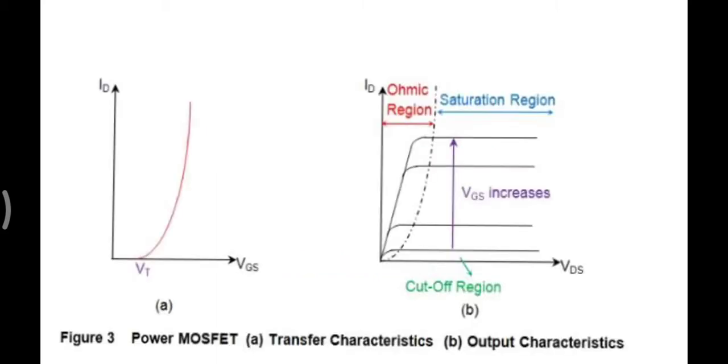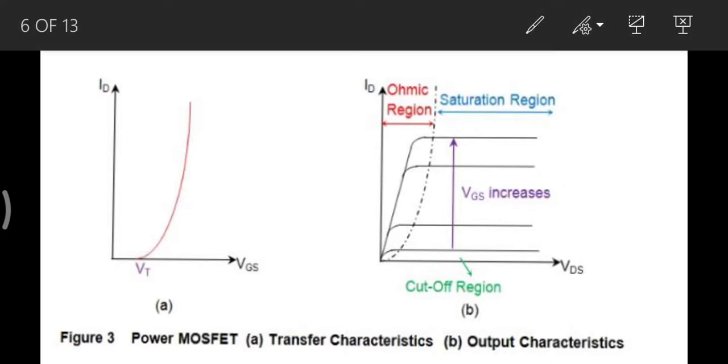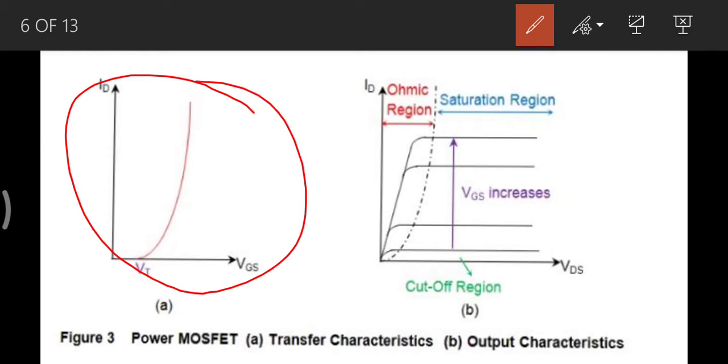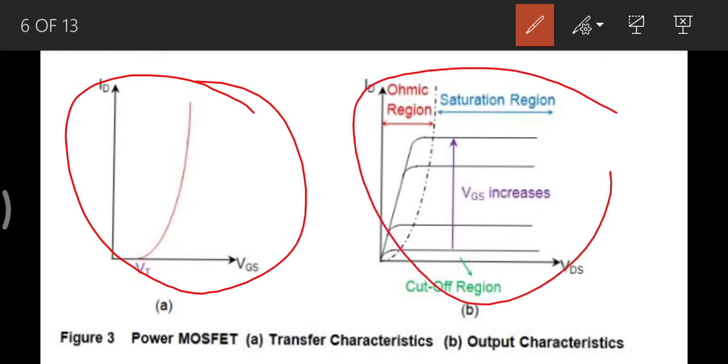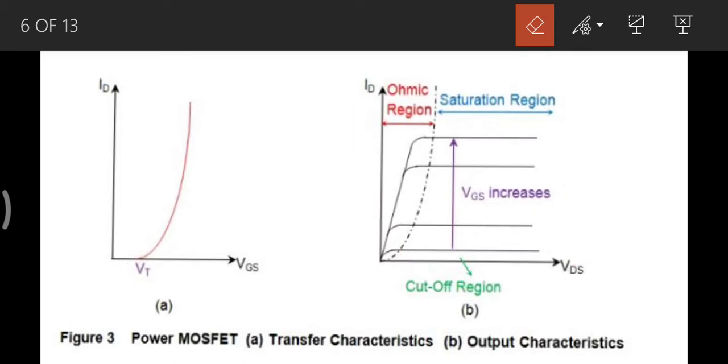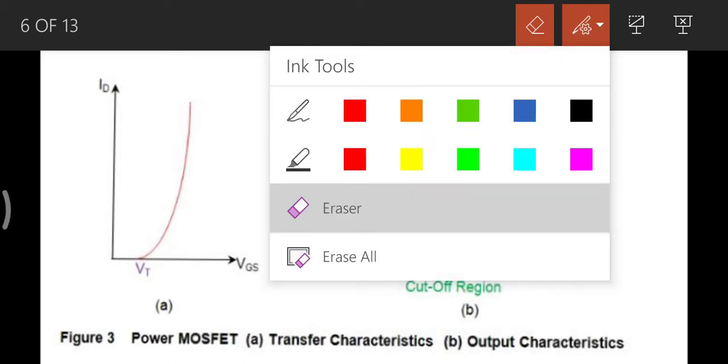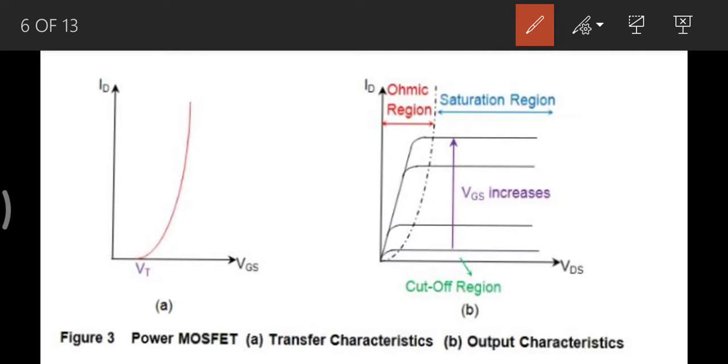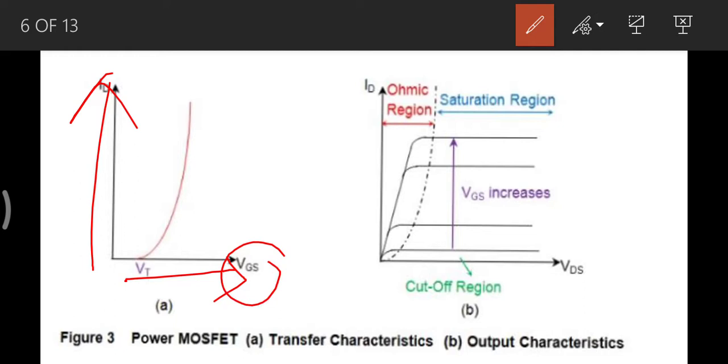See here, this is the transfer characteristics and this is the VI characteristics, or output characteristics, of the MOSFET. Observe here, this is the gate to source voltage.